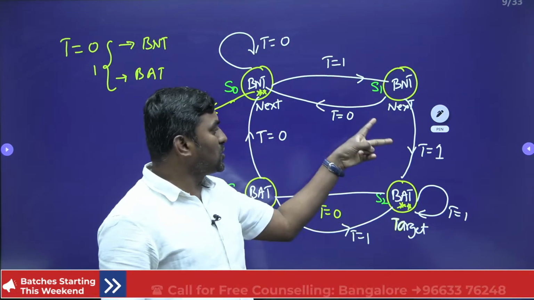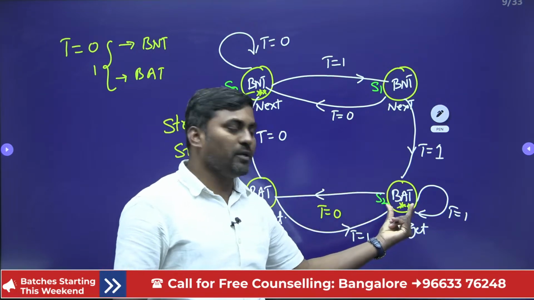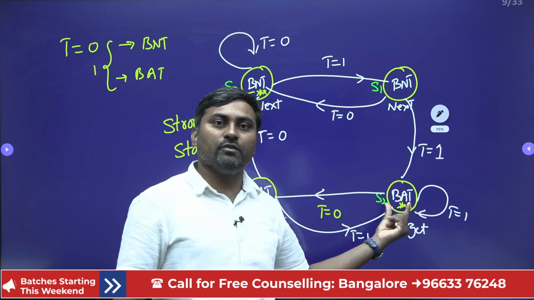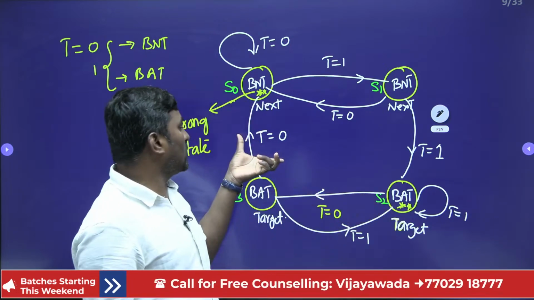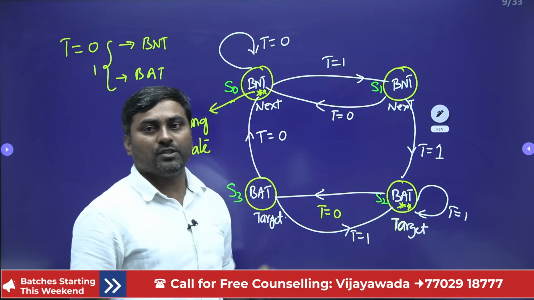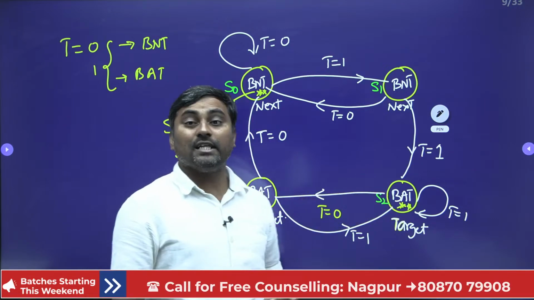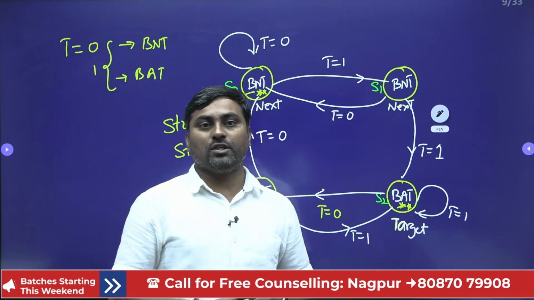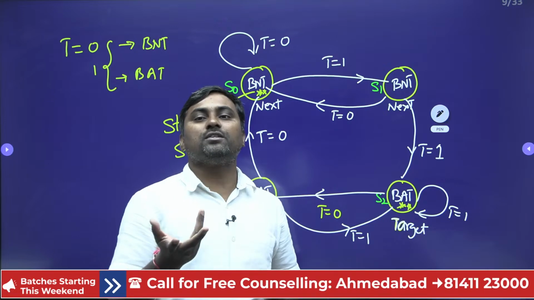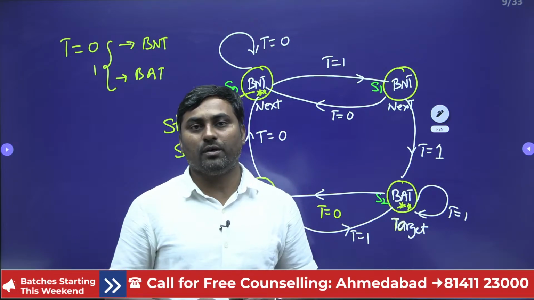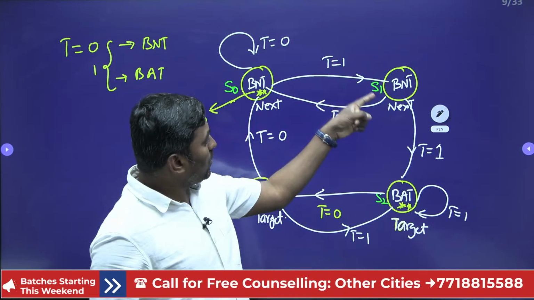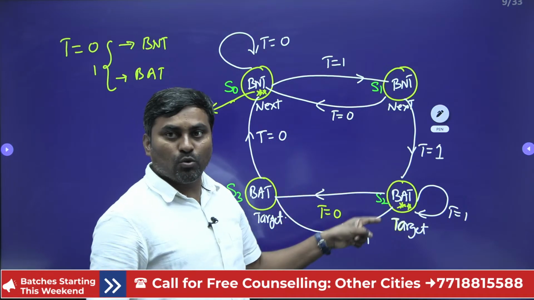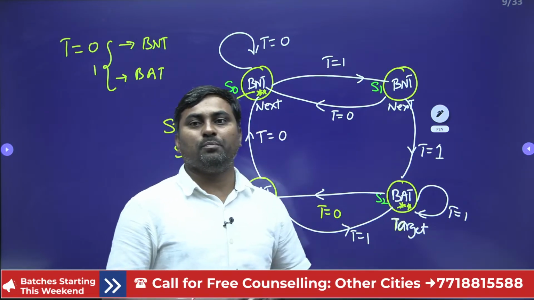If two consecutive predictions are wrong, I change the prediction to branch always takes. Again I observe, and if two consecutive predictions are wrong, I change the prediction. So these two states are dynamic states, or strong states, which change the prediction based on the previous history only. What is the previous history? Two consecutive predictions being wrong.